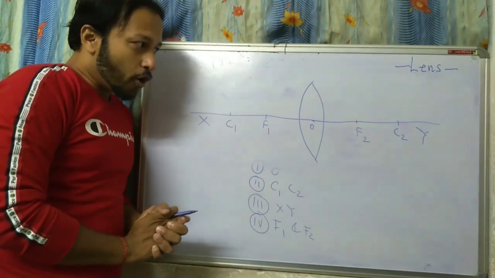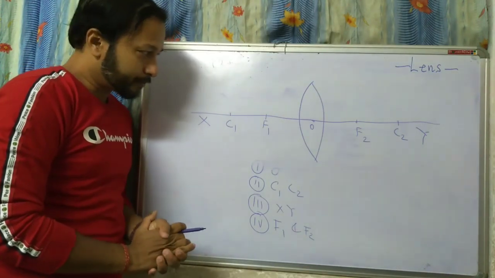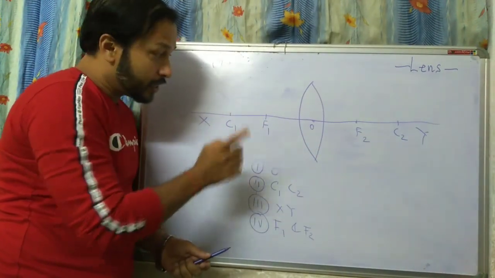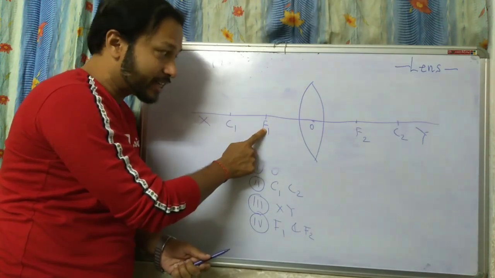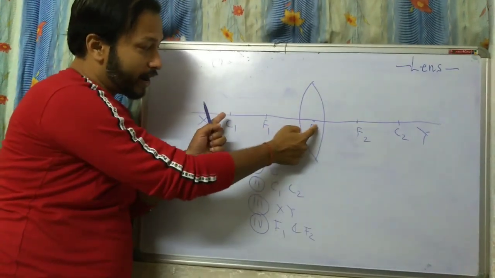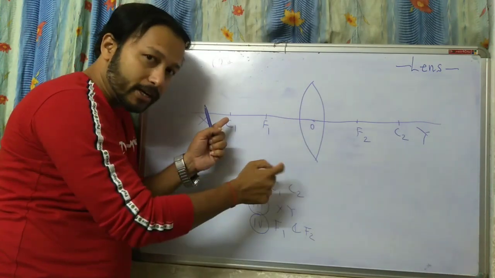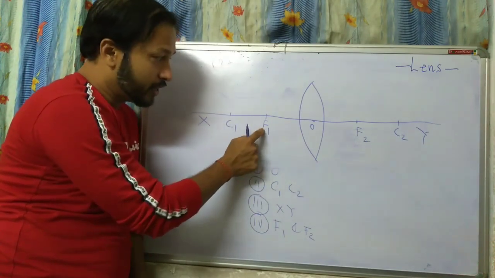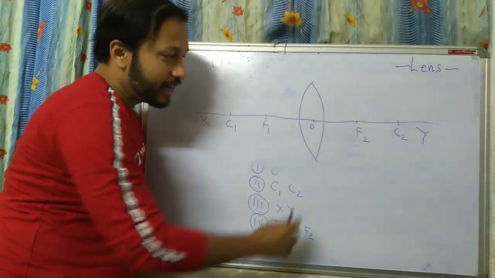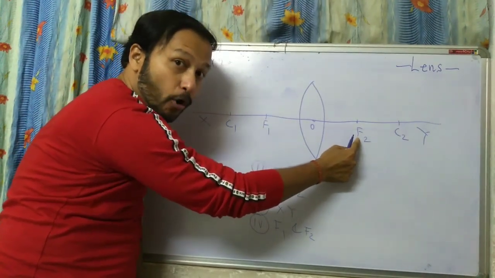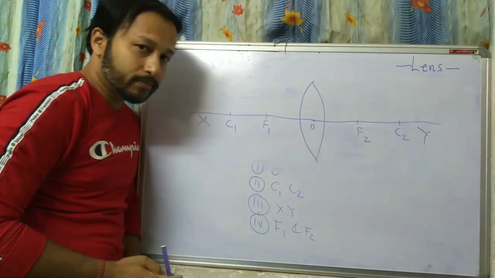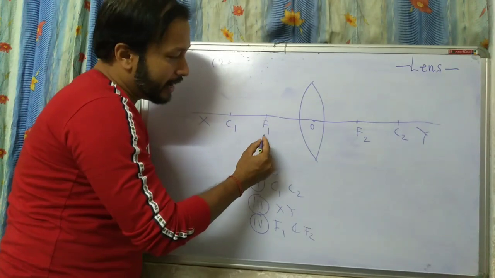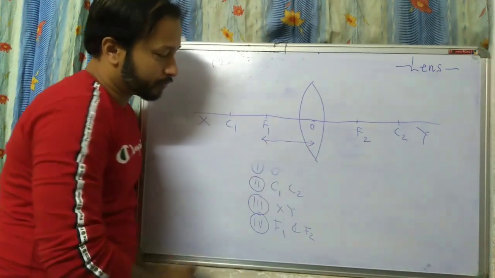According to the syllabus of class 10 standard, we have this lens where this focus point is the exact midpoint of O and C1. I repeat, F1 is the midpoint of O and C1. In the same way, F2 is the midpoint of OC2.